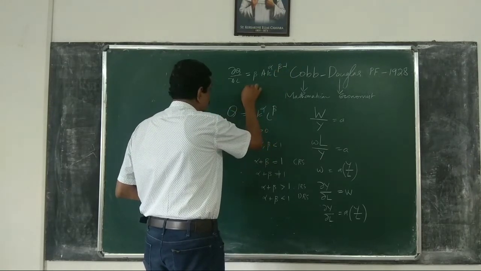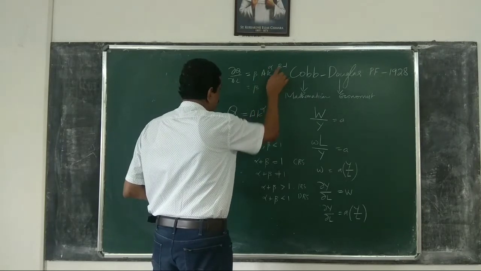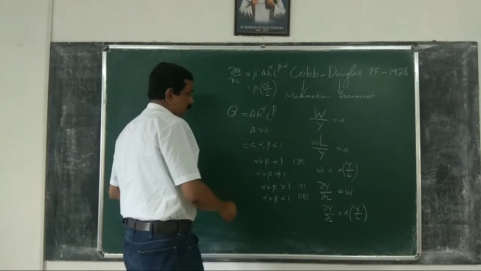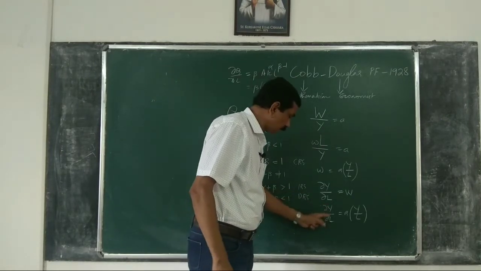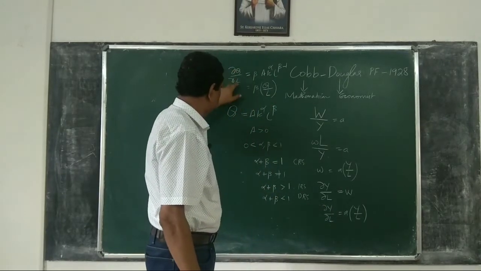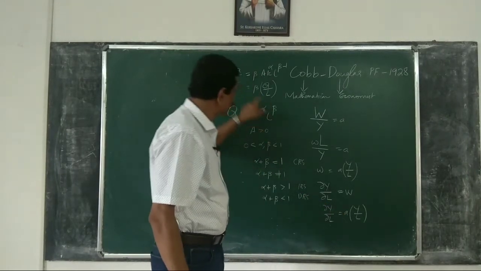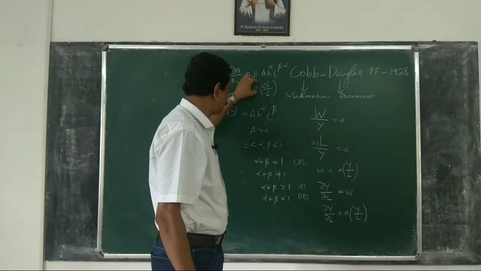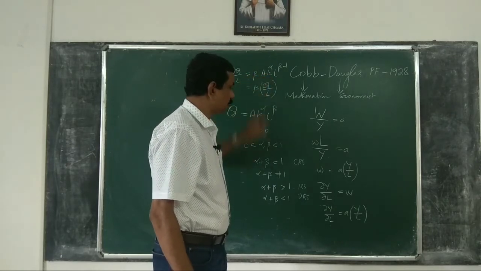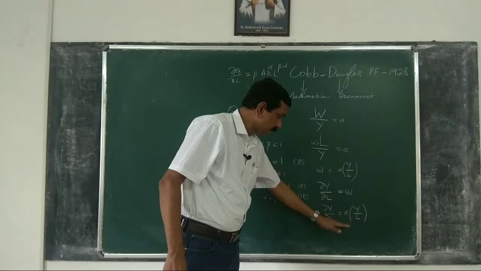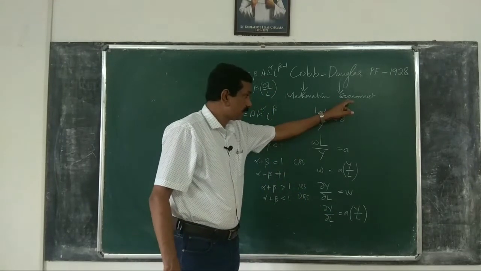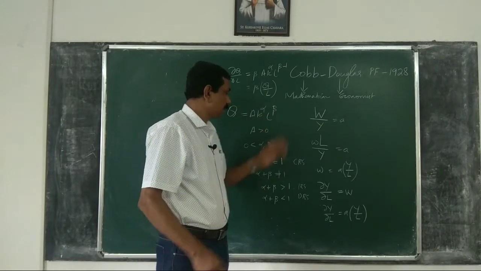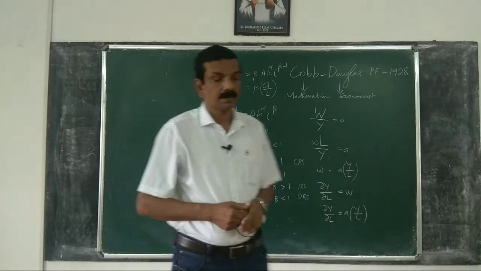This can be written as beta times Q by L, since A K raised to alpha L raised to beta is Q. And this dou Y by dou L is nothing but dou Q by dou L. Here Y by L is Q by L. That is, MPL is a constant proportion of output per head. So, this characteristic observed by Douglas is satisfied if the production function is Q is equal to A K raised to alpha L raised to beta.